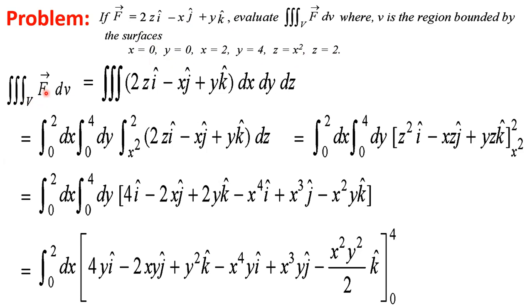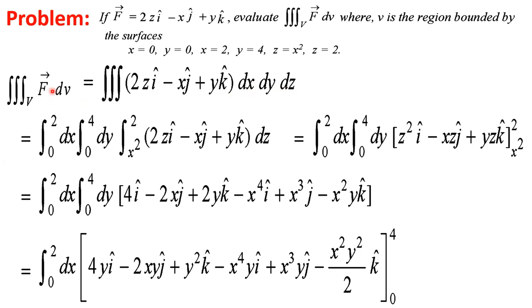Now, as we discussed in our first slide, we just have to put a vector function here and put the volume element here. You can see that our problem is in rectangular coordinate system. This vector function is a function of x, y, and z, and here it's natural to use the volume element dV in rectangular coordinate system as dx dy dz.